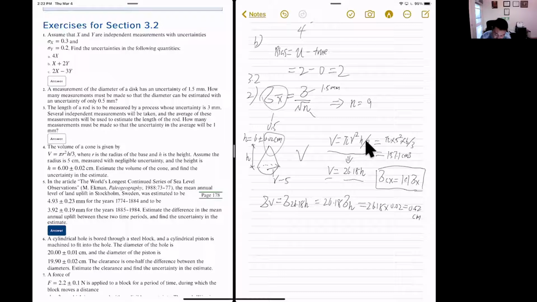So 0.52 cubic centimeter. All right. So that is question number 4. So this is the linear combination of sigma.